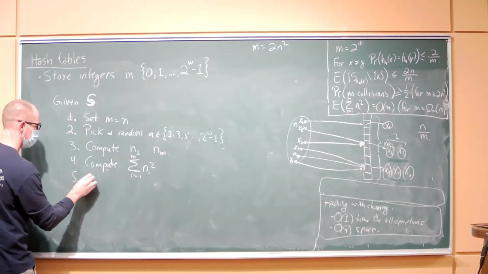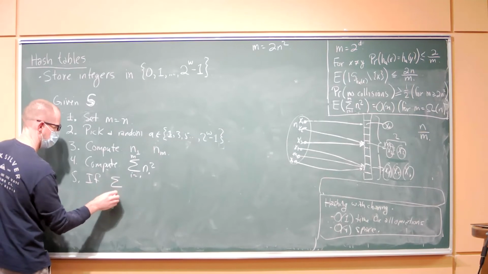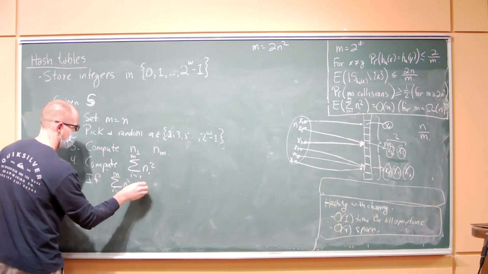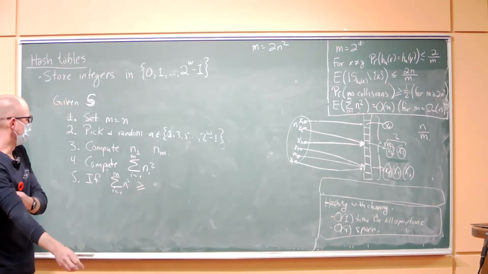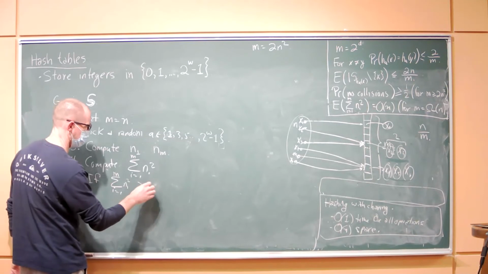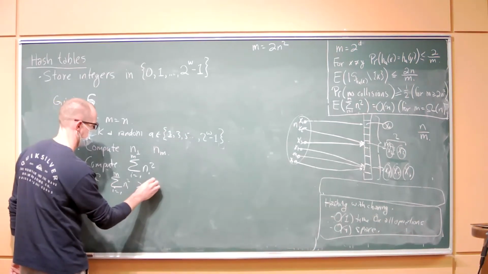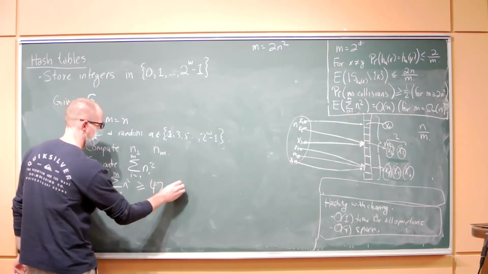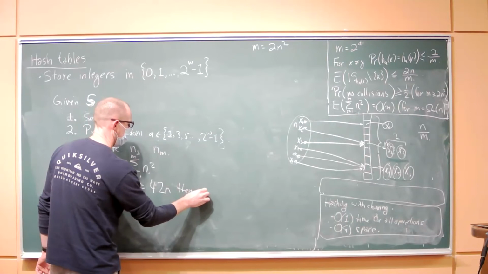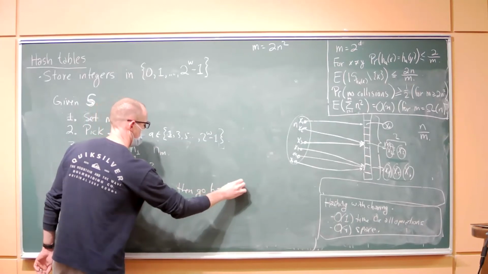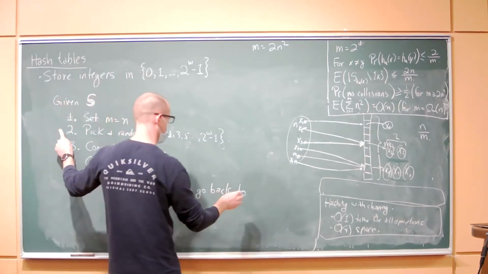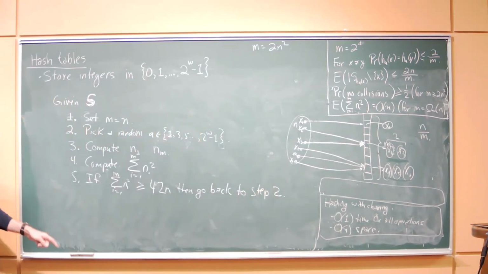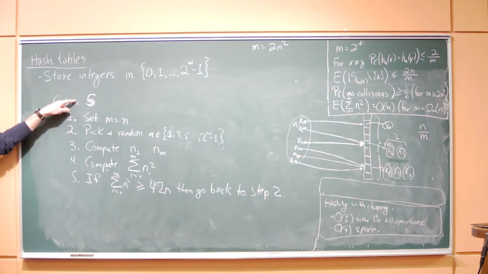And if that sum is bigger than or equal to, I don't know, put your favorite constant here, 42, if that's bigger than or equal to 42n, then go back to step 1. So that just means you picked a bad A, go try again. Okay.